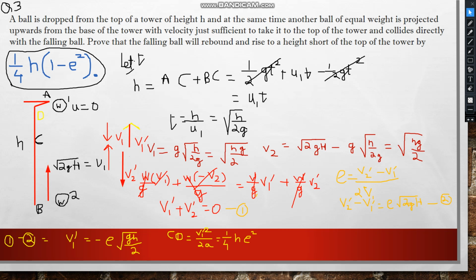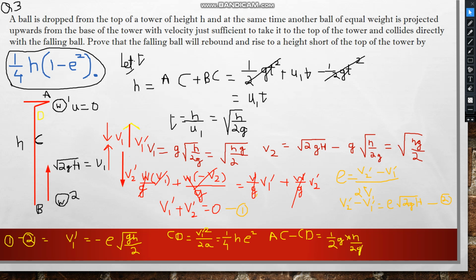Okay. Now first of all we need to find AD. So we can subtract AC minus CD to find AD. AC minus CD is equal to what? AC we already know, it's half g t square, t we know is root 2h by g, means h by 2g into h by 2g.